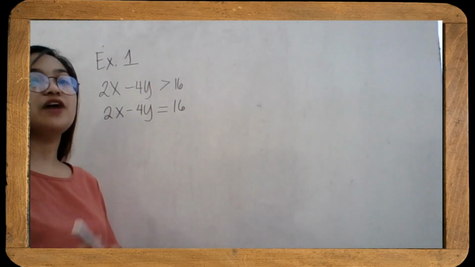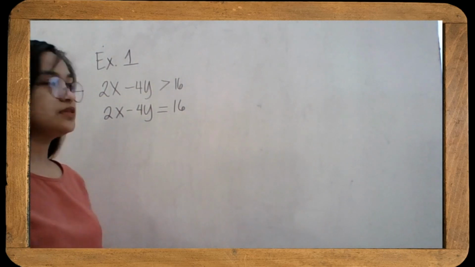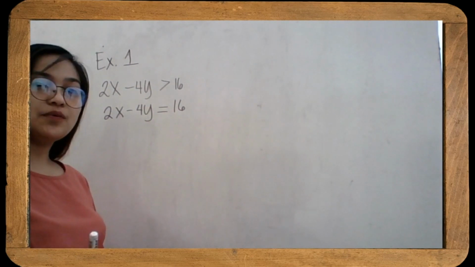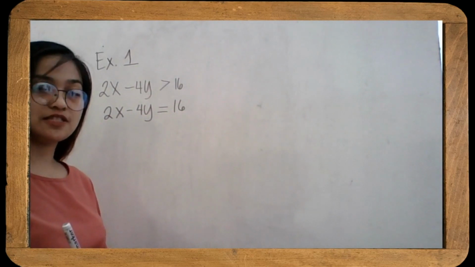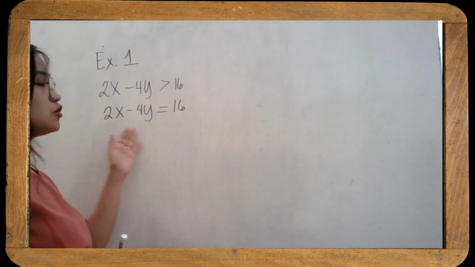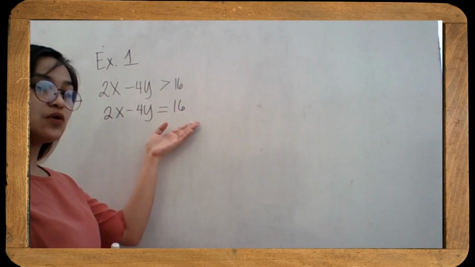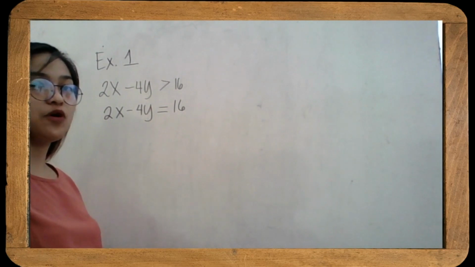Then, find for the slope and y-intercept of this inequality. So, anong gagawin nating technique para mas madali ang pagkuha ng slope at y-intercept? So, di ba class, ito ay naka-standard form kasi naka-equal siya kay 16. So, ang gagawin natin ay gawin siyang slope-intercept form.